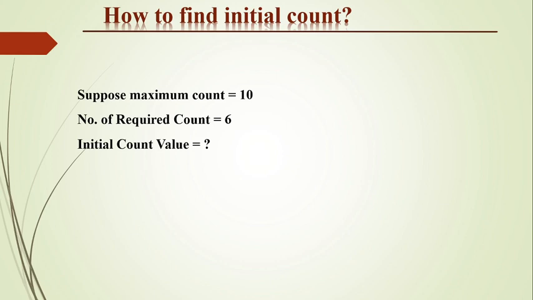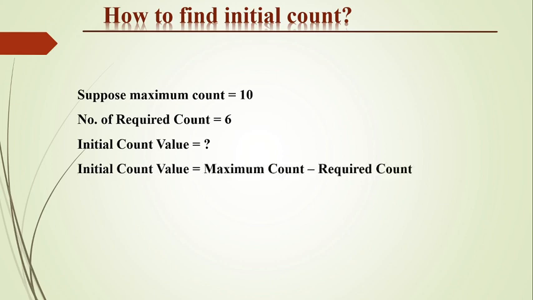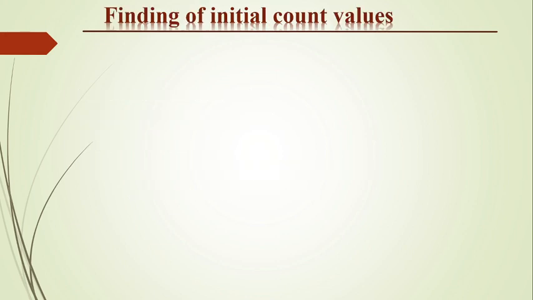We can calculate this initial count value by subtracting the required count from the maximum count. So the maximum count 10 minus the required count 6 is 4. That means to count the last 6 things, we have to start from the 4th thing. Okay, so this is the initial count.